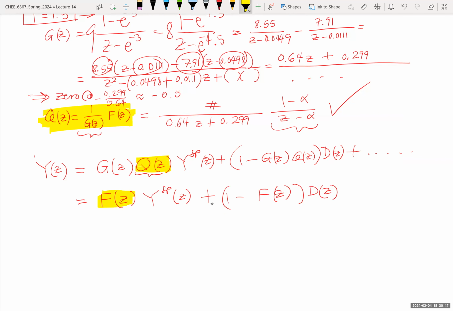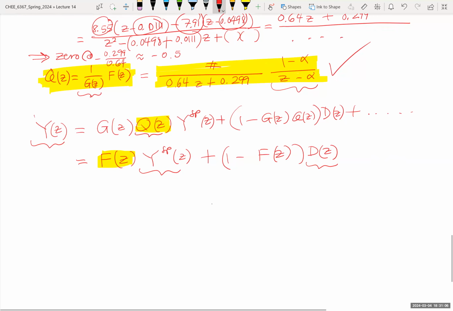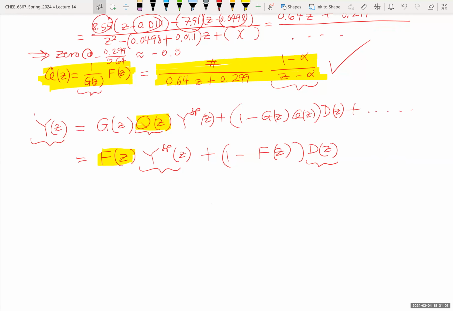So I know that if I build this controller Q that I have here, then the output Y will respond to Y set point or external disturbances like this. Let's try to understand what this is and to visualize it. So what did we say the filter F is in the Z domain?